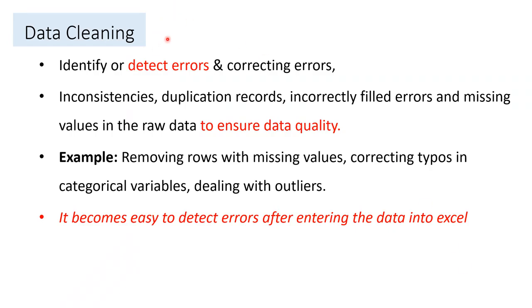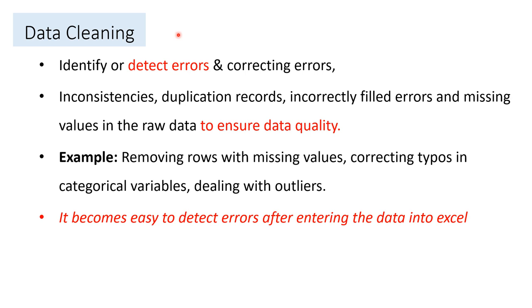Let's start with data cleaning, the first step of data analysis. After collecting the data using a suitable data collection method from different sources, primary or secondary, and from different types of data, qualitative and quantitative, we have to make sure that our data is clean enough and accurate.